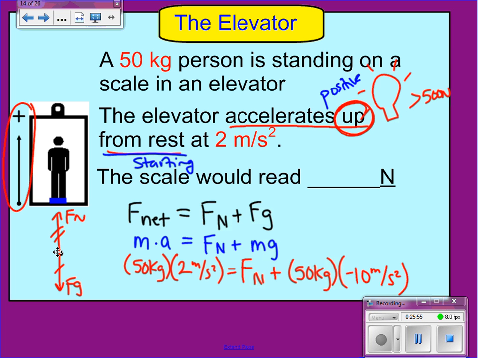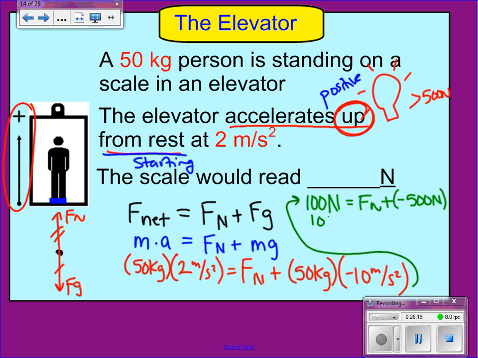If I simplify this right here, because I'm running out of space, on the left side of the equal sign I get 50 times 2, or 100 newtons, is equal to force normal plus 50 times negative 10, which is a negative 500 newtons.